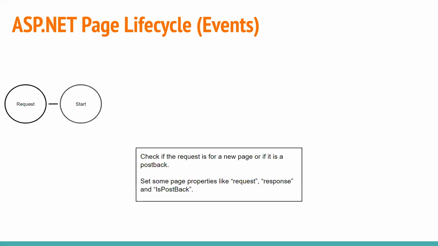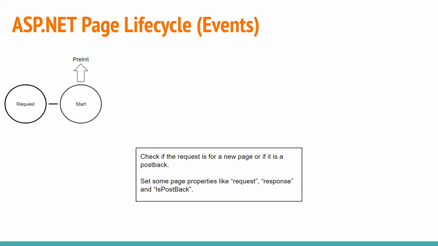How you do it: the start stage will fire off an event. Some of the stages, and I'll point them out to you, there are 5 stages that fire off events. So the start stage will fire off an event called pre-init. Init stands for initialization, so this is pre-initialization. That's the name of the event.